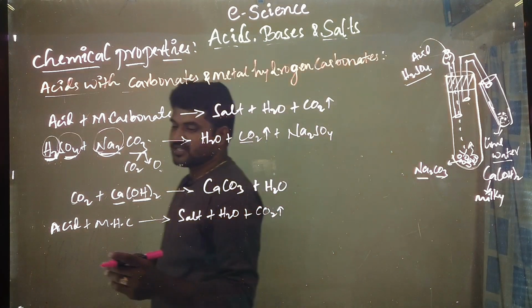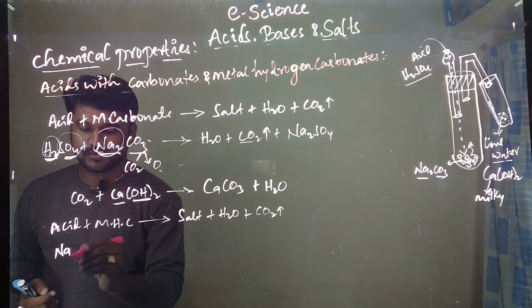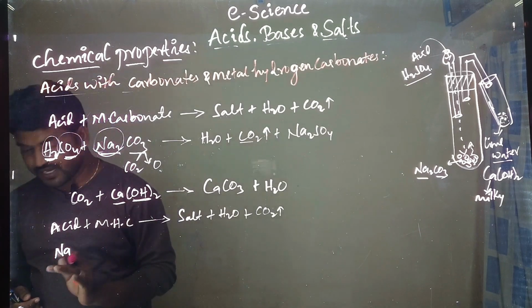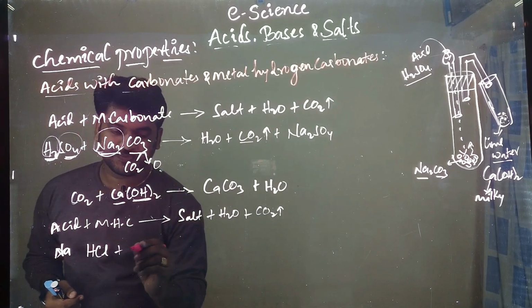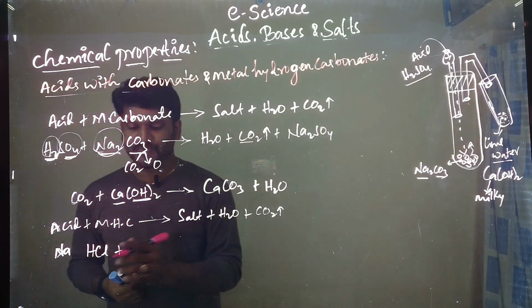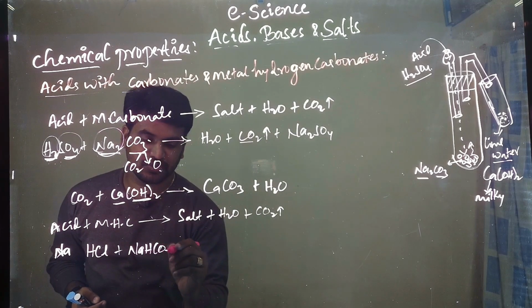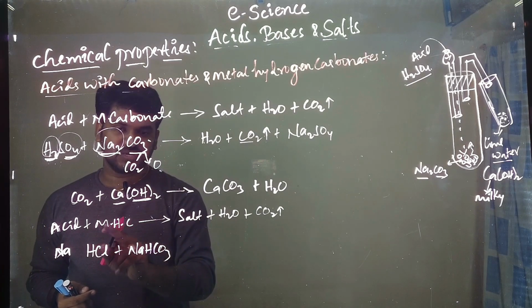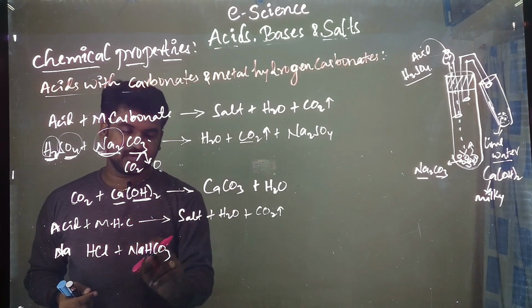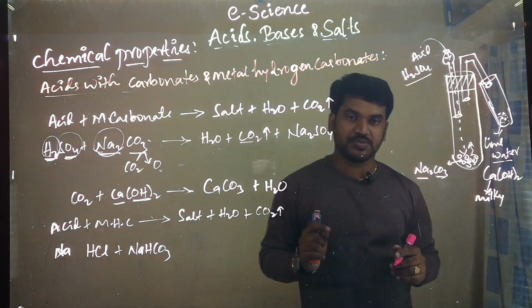So let us write a reaction here. So we'll take acid, right? I'm writing HCl, and metal hydrogen carbonate we want, no? So I'm taking here NaHCO3, sodium hydrogen carbonate, that is metal hydrogen carbonate. We can call it sodium bicarbonate also.